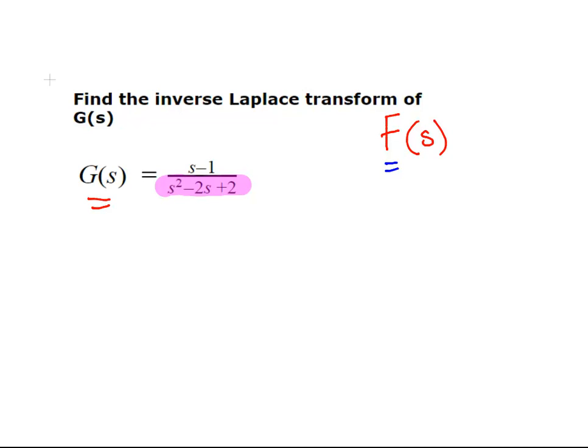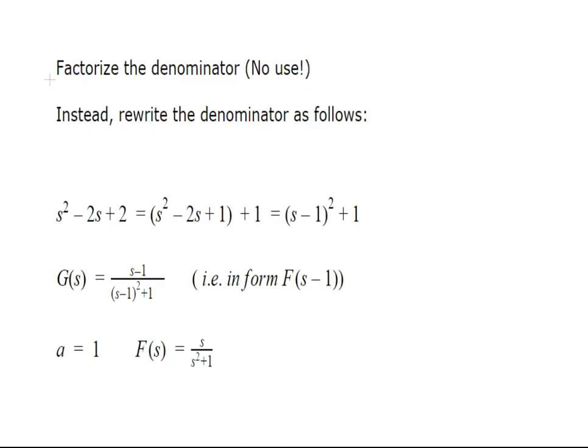So there's a different approach we could take, and what we're going to do is rewrite the denominator as follows. This is a thing called completing the square. If you notice at the start, we have s squared minus 2s. So if that was a square function, what would be the rest of it?